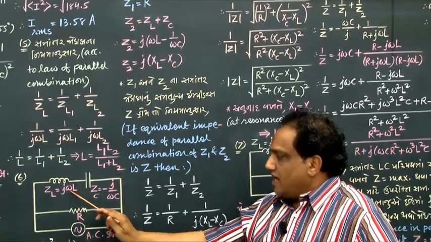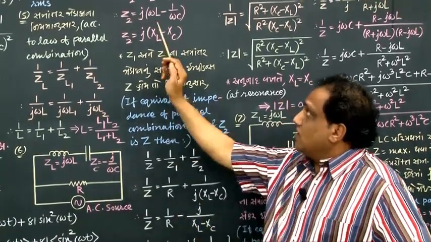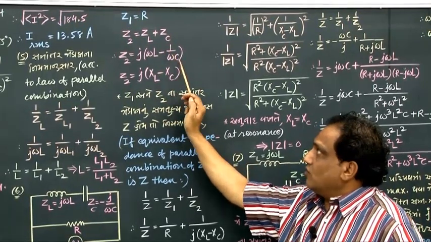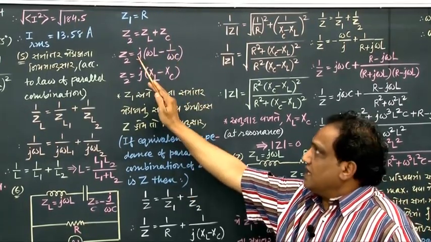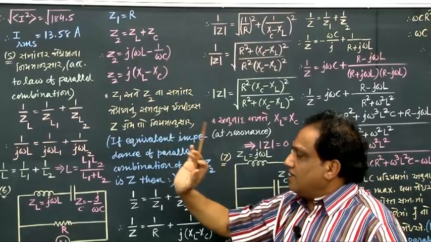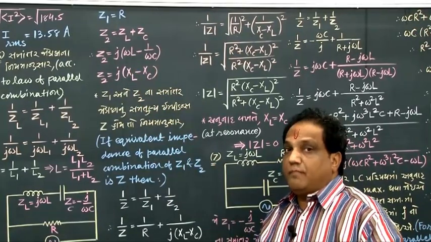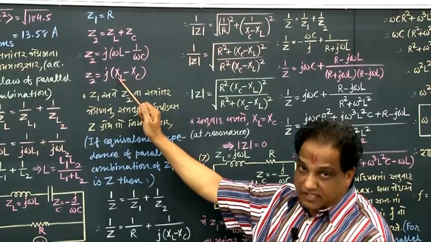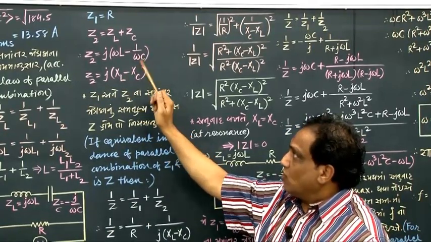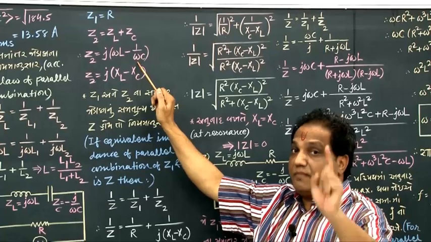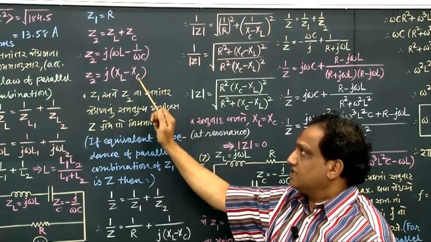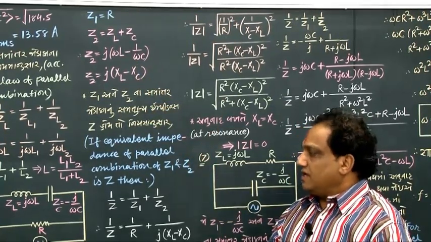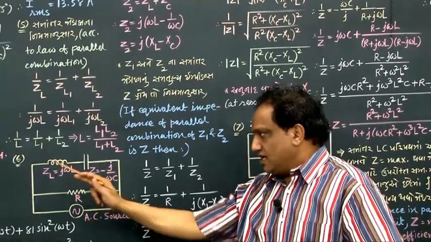Inside the bracket, omega L minus 1 upon omega C. Correct? Omega L is nothing but the magnitude of inductive reactance, shown by symbol XL, minus 1 upon omega C, which is the magnitude of capacitive reactance, XC. Fine. Now this is Z1, this is Z2.